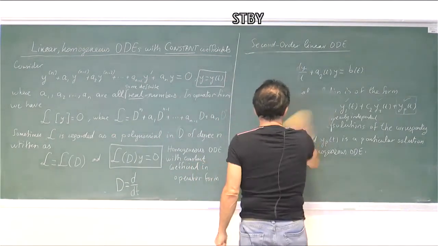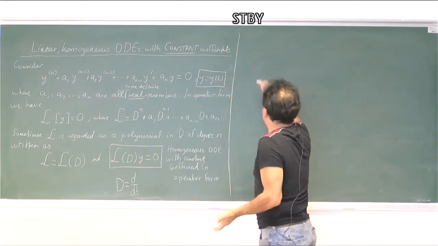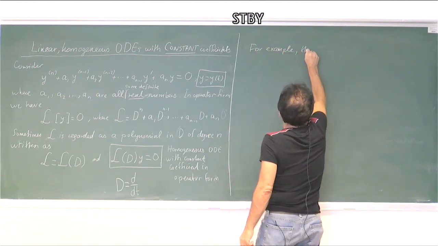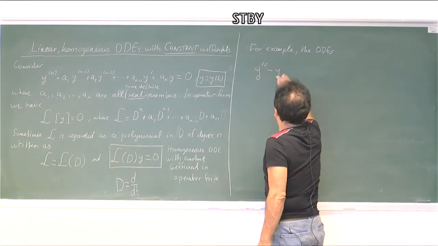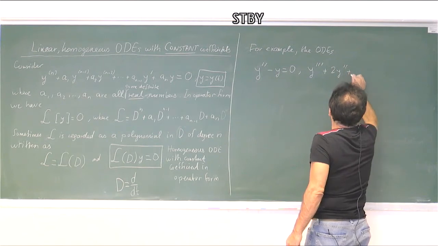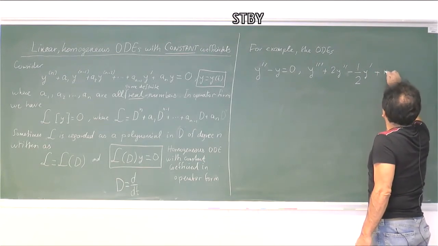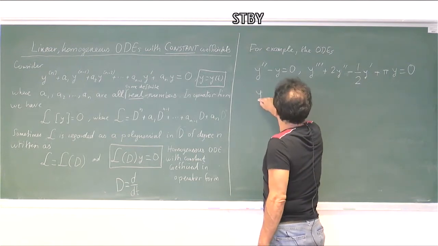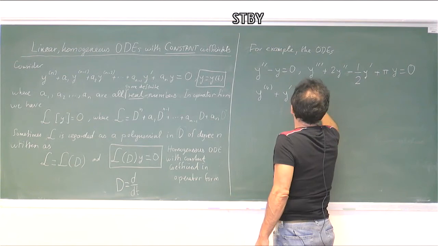Let's write a few equations. Examples are, for example, the ODEs: y double prime minus y is 0, or y triple prime plus 2y double prime minus 1/2 y prime plus pi times y is 0, or y^(4) plus y prime plus or minus y is 0.